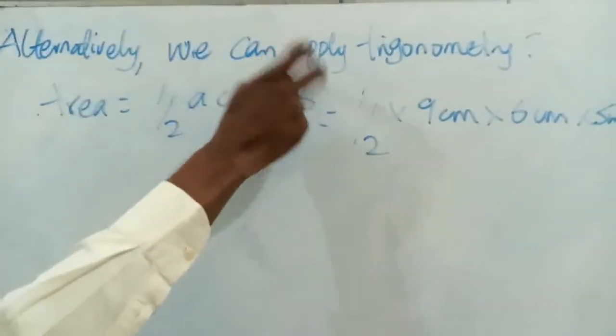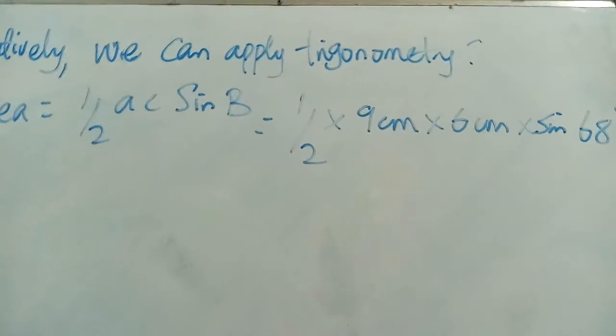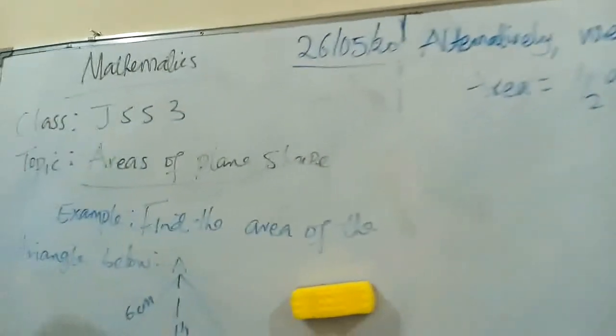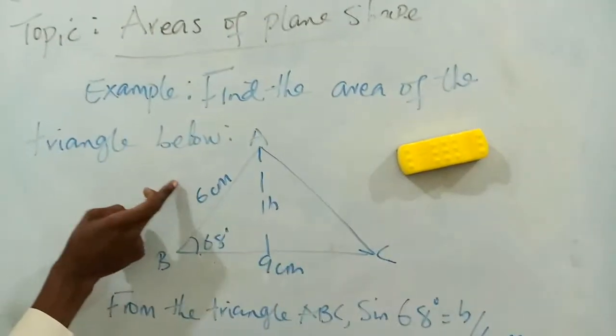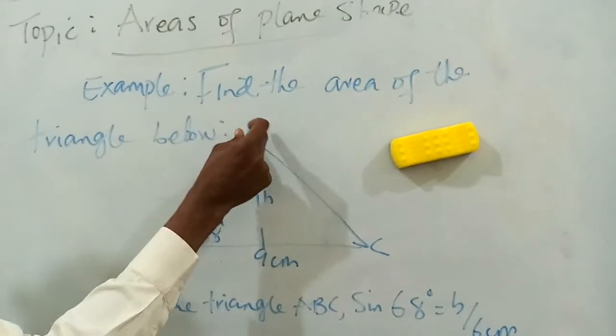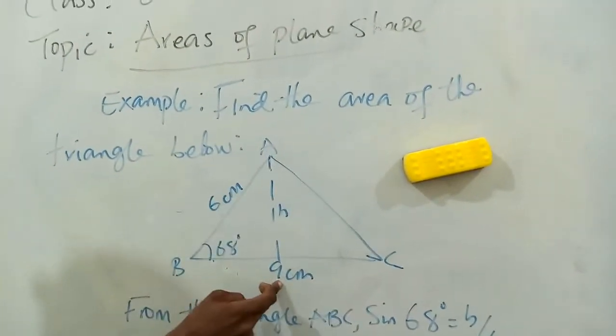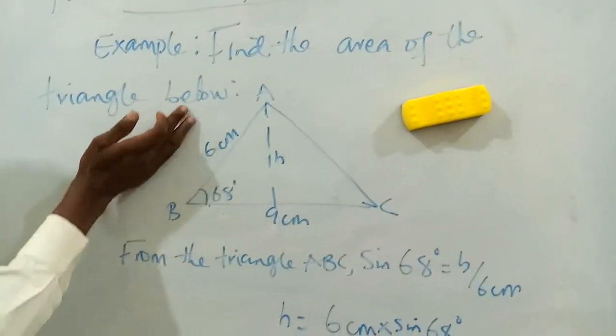We can also apply trigonometry directly, where I give all this formula, half AC sine B. Now, from our triangle, we have our A, which is 9, and our C, which is 6.